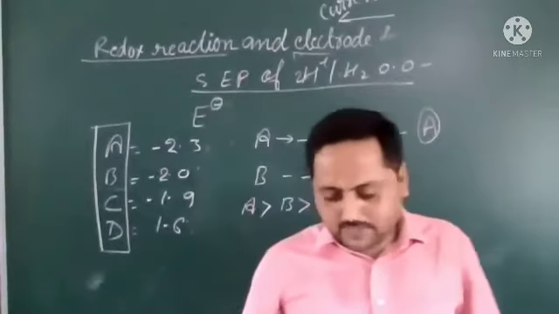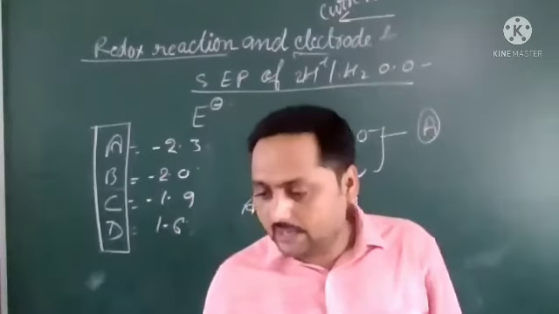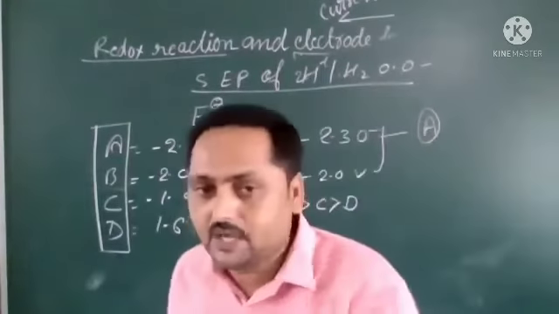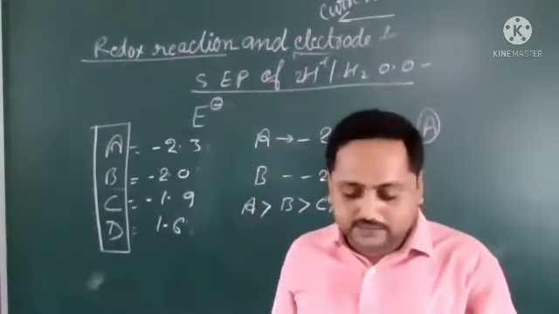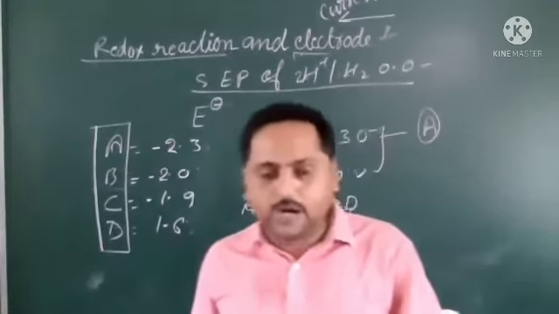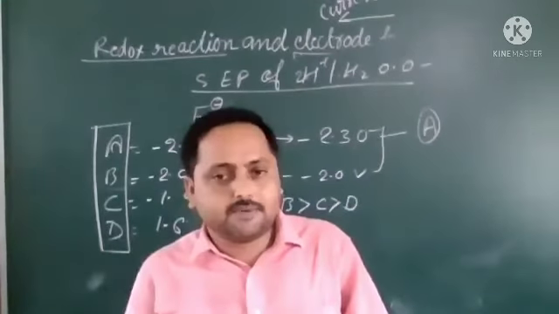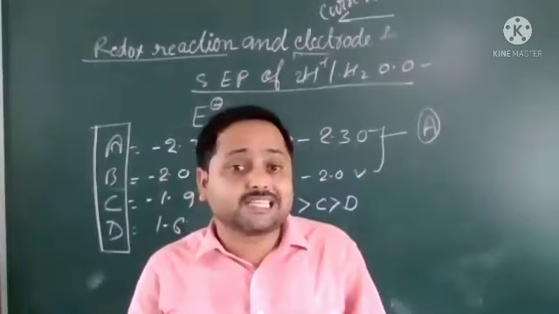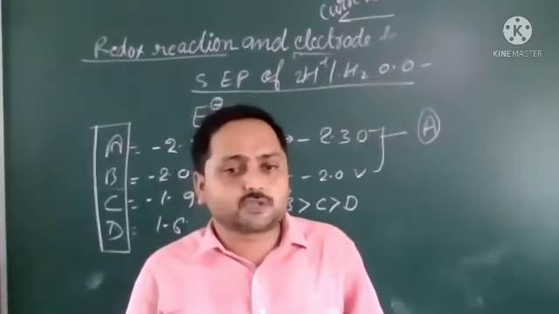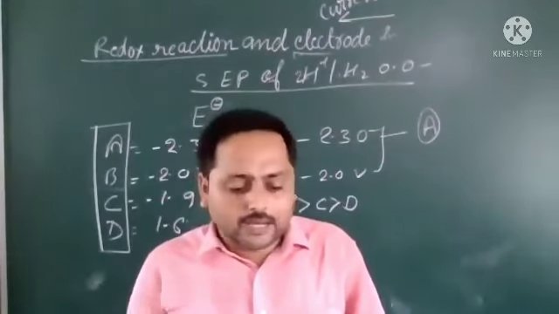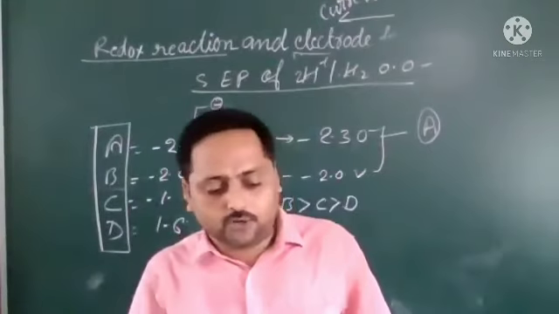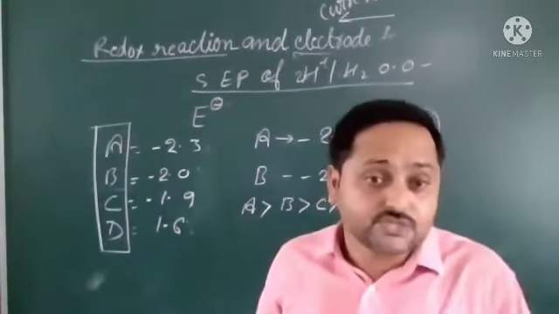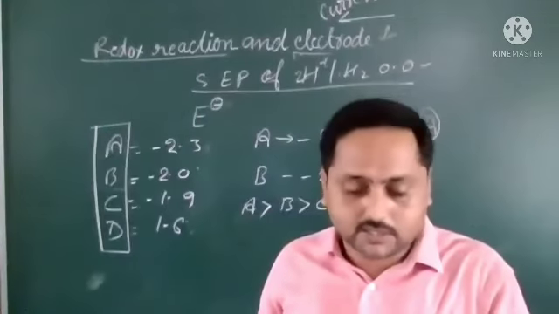On page 279 of the book, at the last, for lithium it is given as minus 3.05, so it is the most reactive species and the strongest reducing agent. And at the top, F2, it is the least reducing.